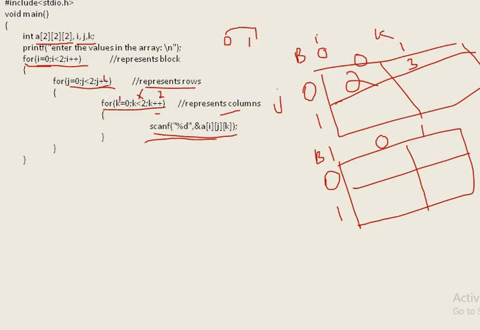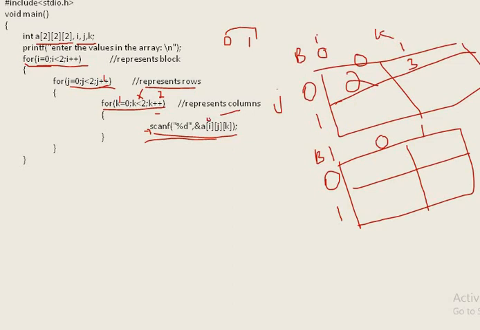Now starting with k equal to 0. Again this k value will be initialized with 0 and the condition is tested, the condition is true, that is 0 less than 2. Now we have to move to the scanf statement again. Here the value of i is remaining constant, it's 0 itself, and j has incremented by 1.